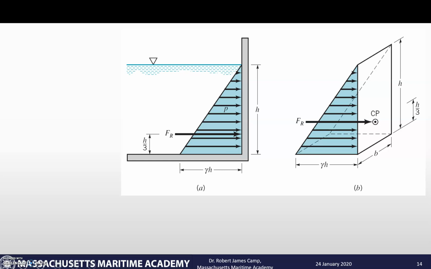It's just a third of the way from the larger end. Basically that means all of this pressure here is going to be equal to all the pressure coming down up here. So we apply that force at h divided by 3, where h is the depth all the way to the bottom.